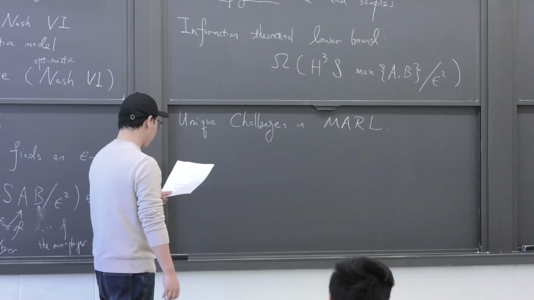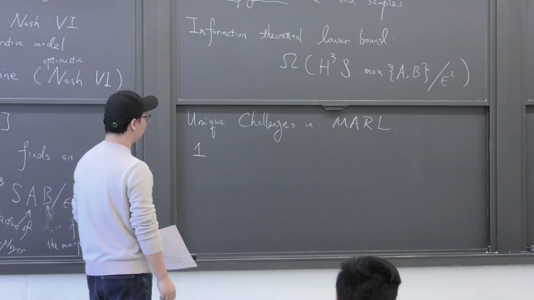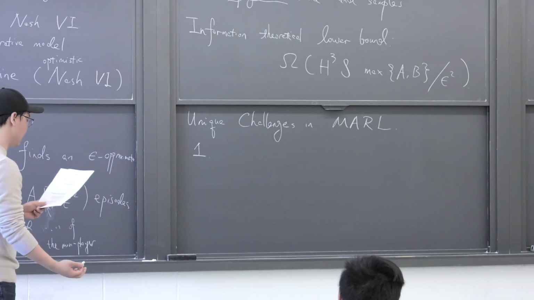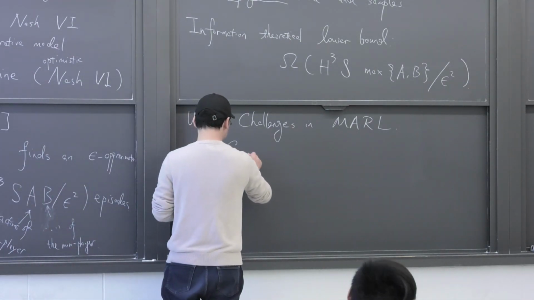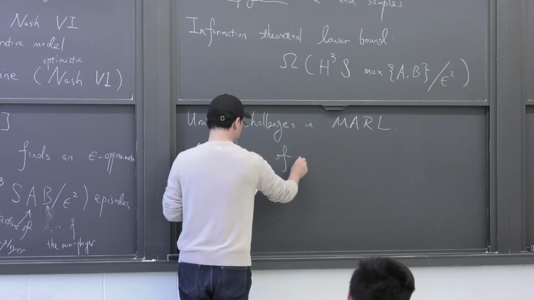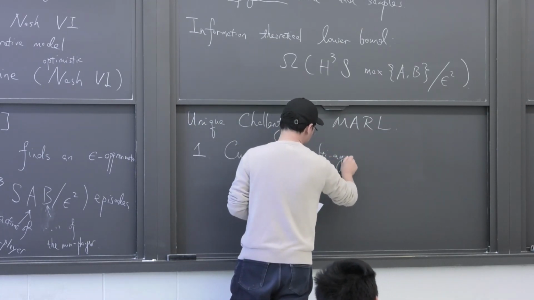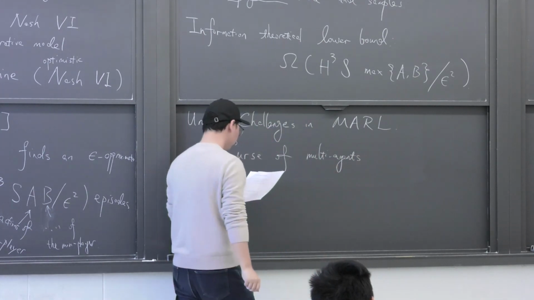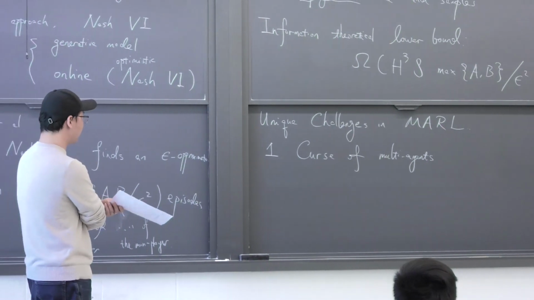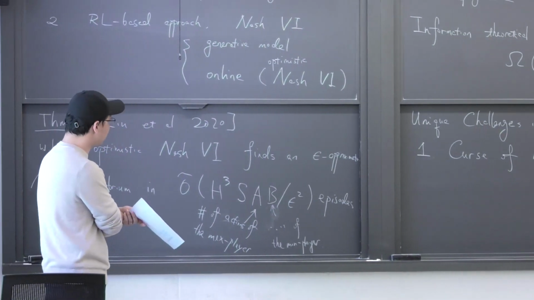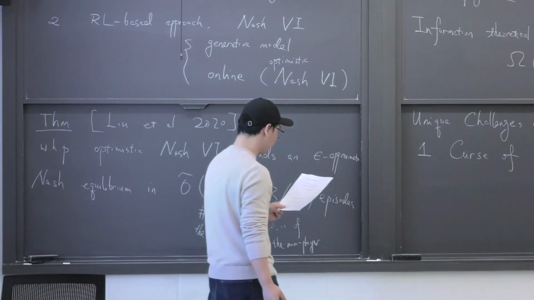So now the first unique challenge we have, that basically does not appear in single agent reinforcement learning, is the so-called curse of multi-agents. We can already see some clue in this two-player zero-sum game setting.